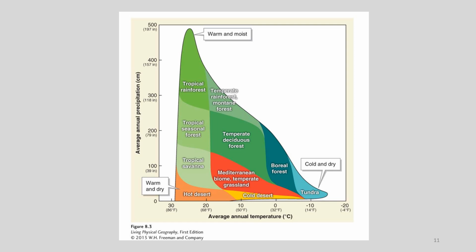And then I would like you to tell me what biome corresponds to this range. If you're hot with no rain, you get a hot desert. If you're really cold with no rain, you get a tundra. Keep in mind that if there are words on this particular graph that you don't know, I'm going to try and define those for you.